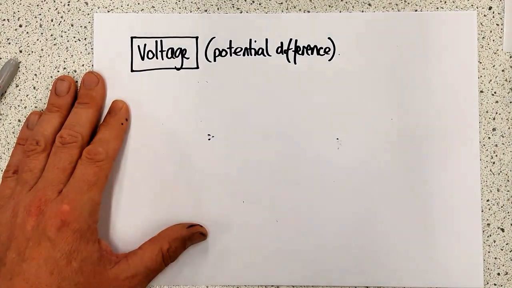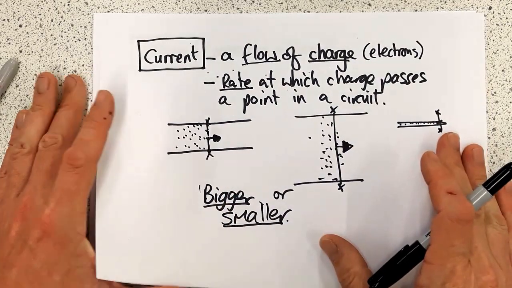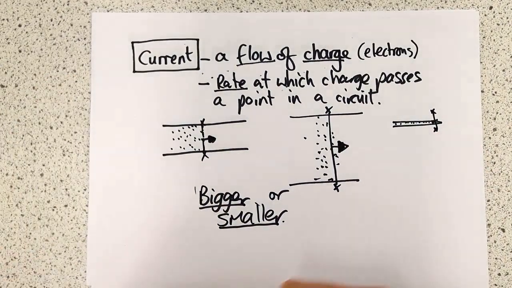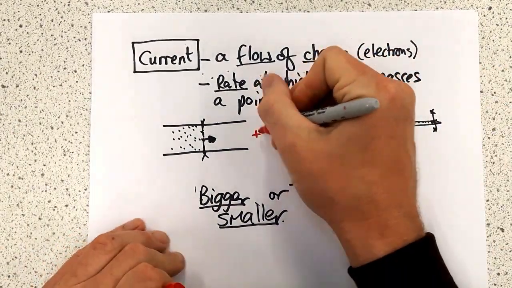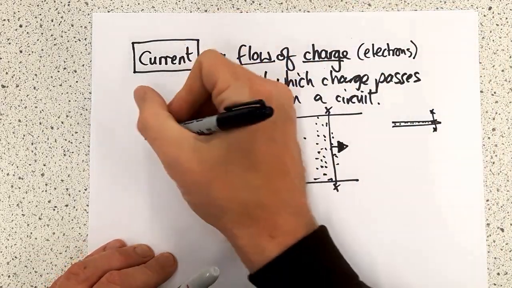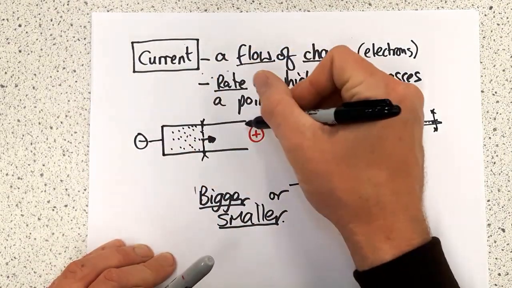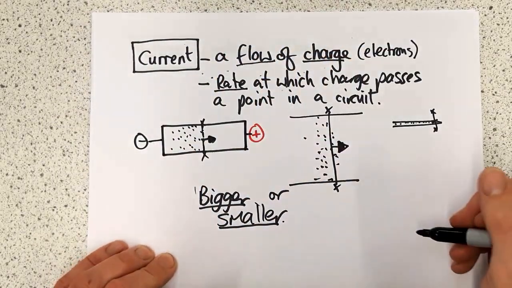So if we think about electrons, the reason that electrons move is because they're going to be attracted towards a positive charge and repelled by a negative charge. So you can get that effect by attaching the ends of your conductor to a battery.